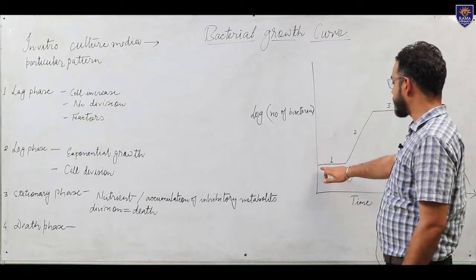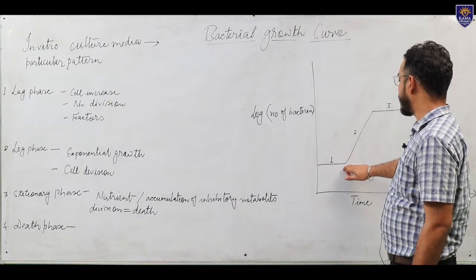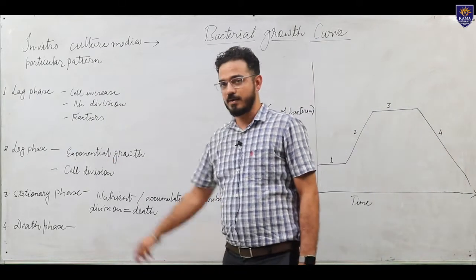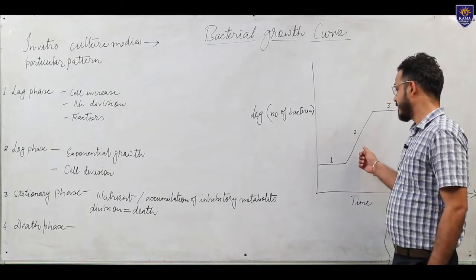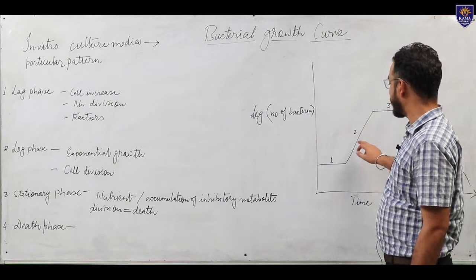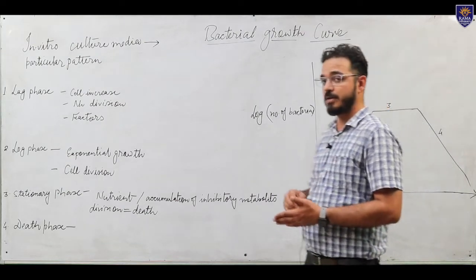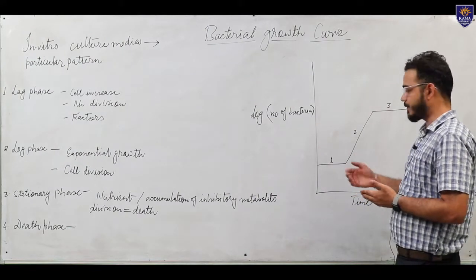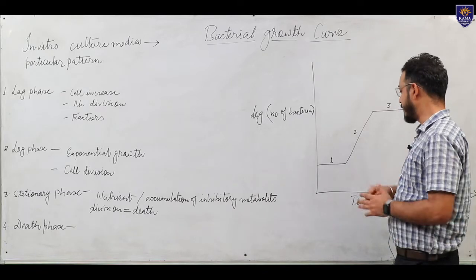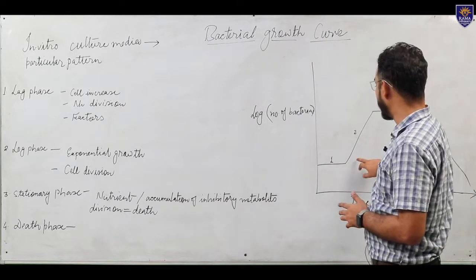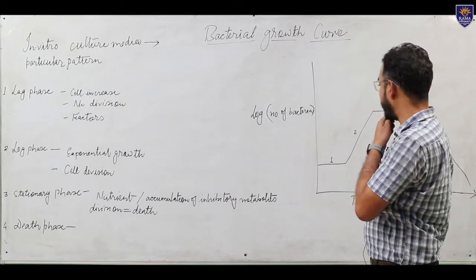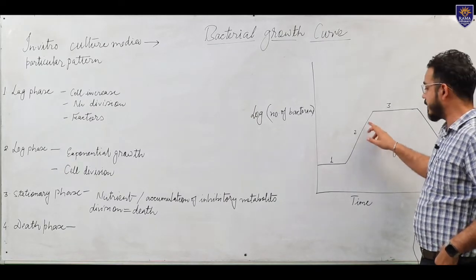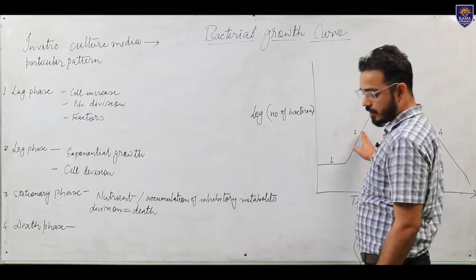After the lag phase ends, the second phase starts, which is called the log phase or exponential phase. What happens in this phase? The cells divide at an exponential rate, meaning 2, 4, 8, 64, growing in this pattern, and the exploitation of the available nutrients is up to the peak.